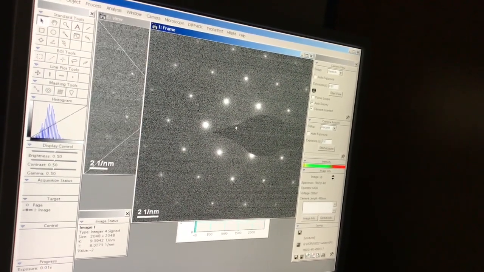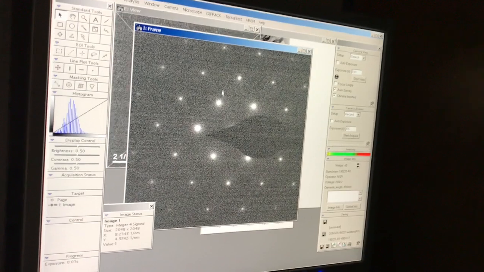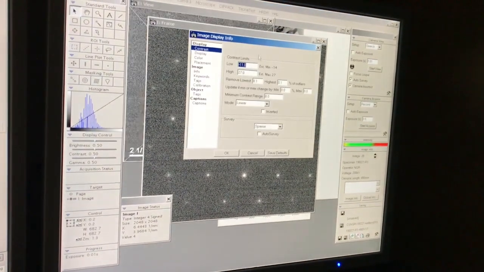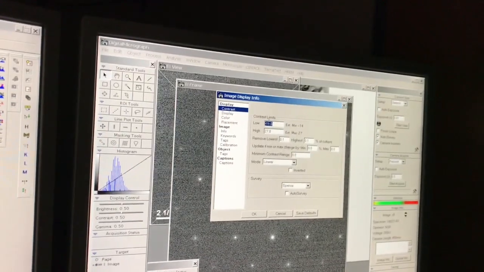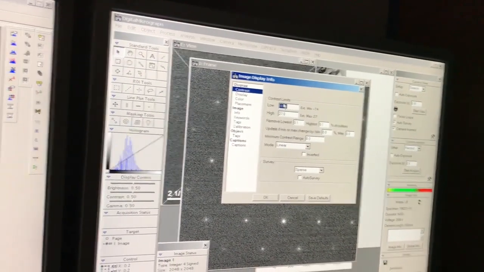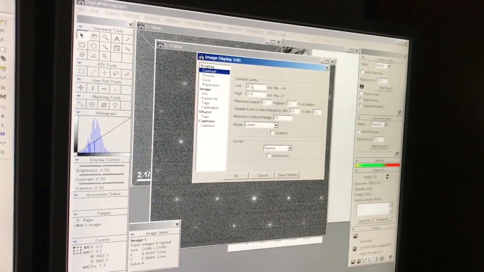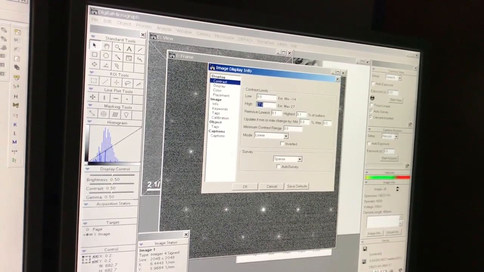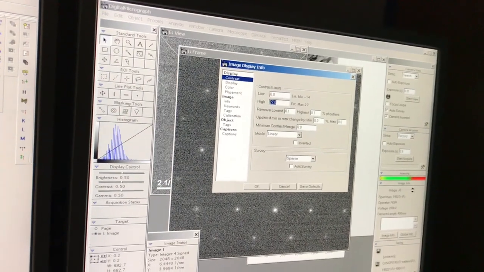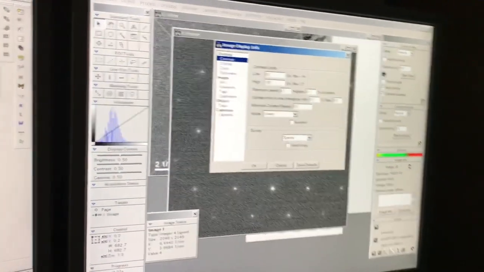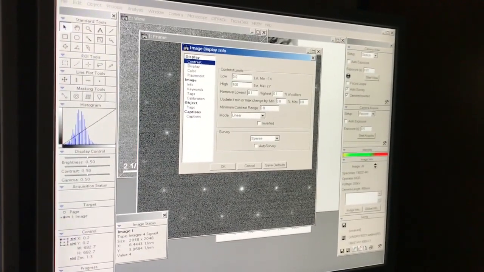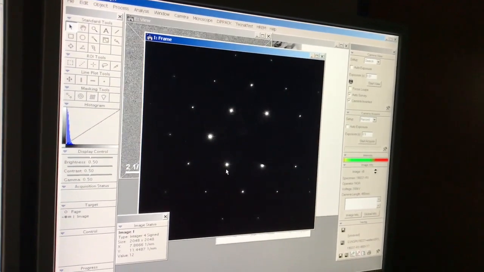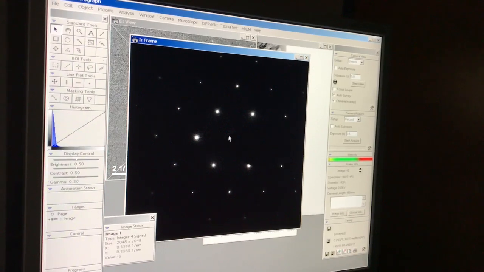Okay, so if we want to make this look a little more aesthetically pleasing, if I right-click Image Display, I can change the contrast limits here. Instead of having a negative contrast limit, I'll just put 0 in there, and then I'm going to increase my max, or my high. Right now it's only 27. If I put in 100, and you kind of have to play around with this, you can see this evens out a little bit more, and that looks a little more aesthetically pleasing.